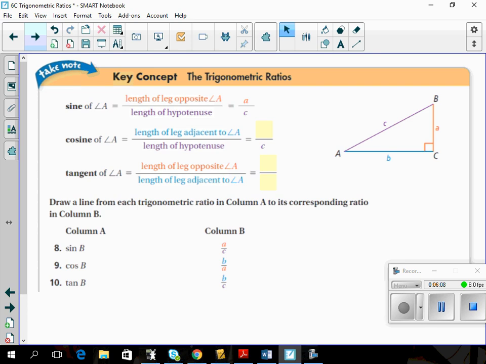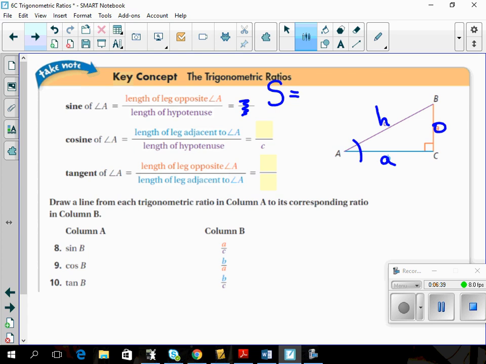So the sine of A, I like to write it like this. So maybe we should, rather than label it A, B, and C, we should label this as opposite, hypotenuse, and adjacent. Okay? So label them this way, if you would, please. The sine of an angle.